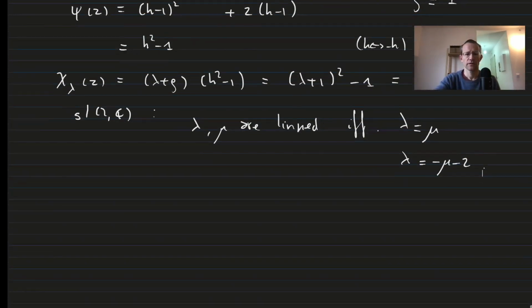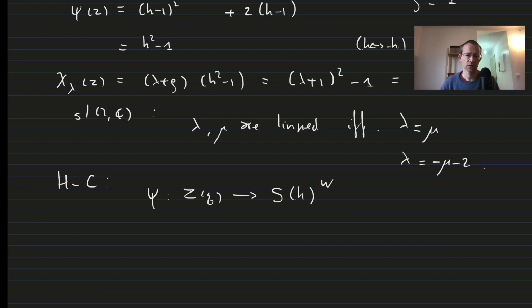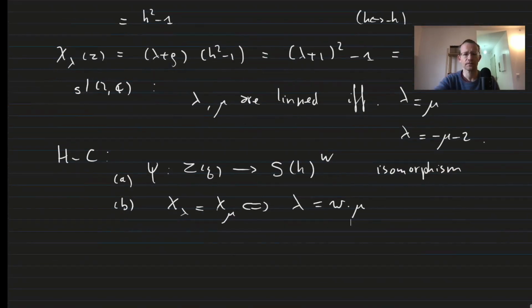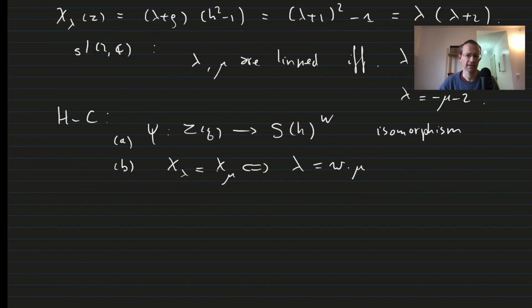Now here are 3 properties shown by Harish-Chandra. Psi is an isomorphism if it is considered from Z of G to the polynomials on H which are Weyl invariant, then this is an isomorphism. The second property is that the characters are the same if and only if lambda and mu are linked, so there is a w such that mu is w dot lambda.